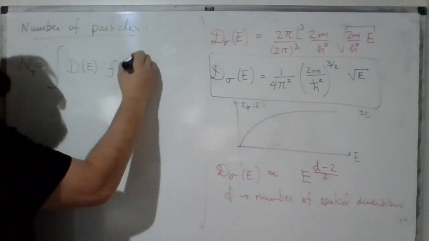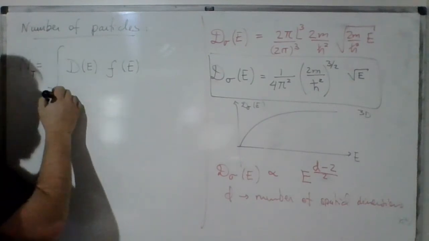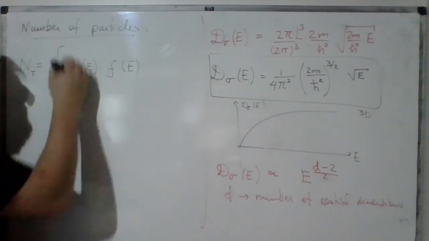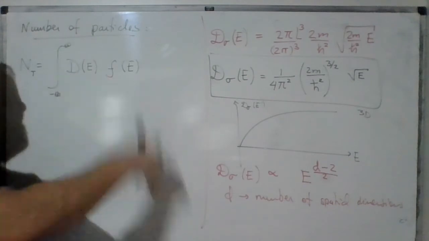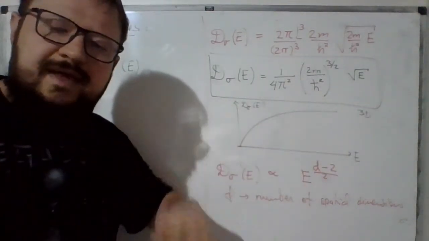The integral goes from perhaps minus infinity to infinity, if the density of states has any value for negative energies.